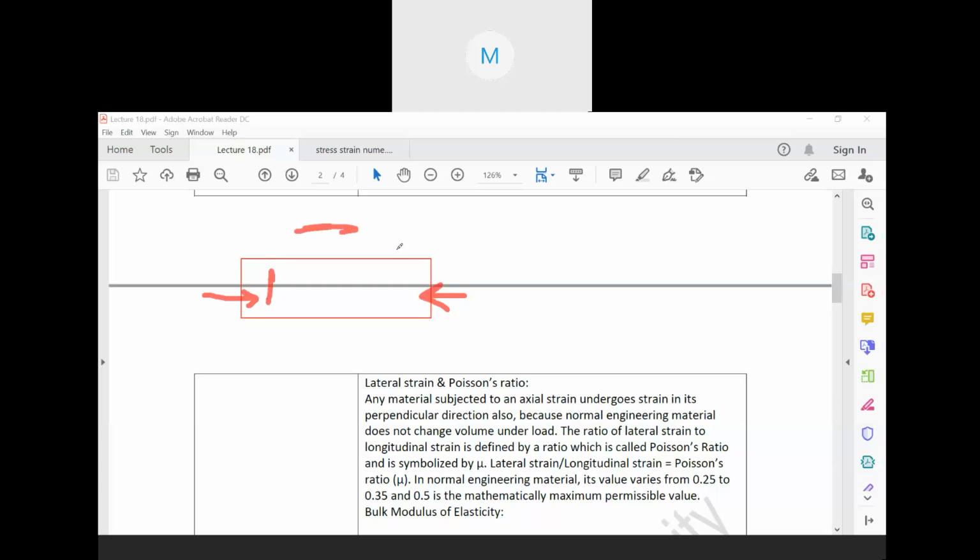So this change in dimension, that means the strain that has occurred in both lateral and longitudinal directions, is called Poisson's ratio.